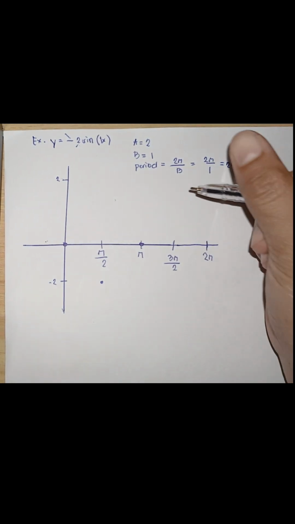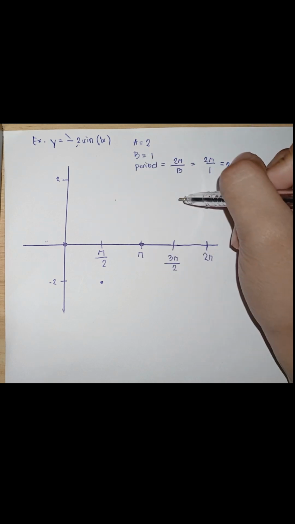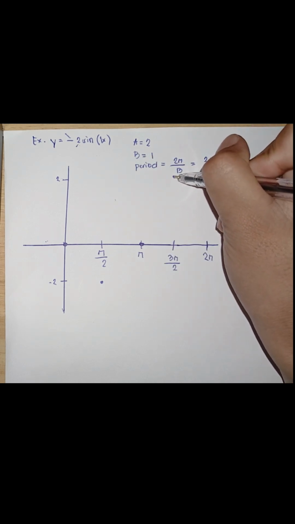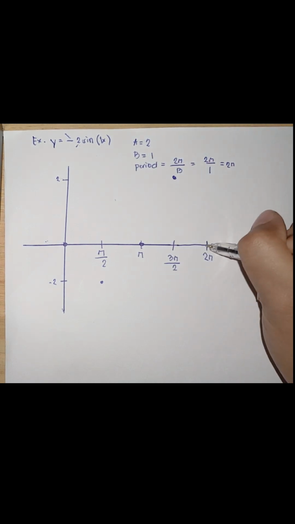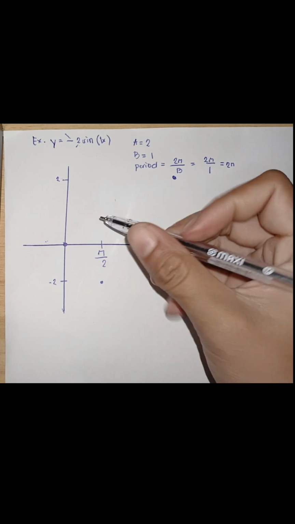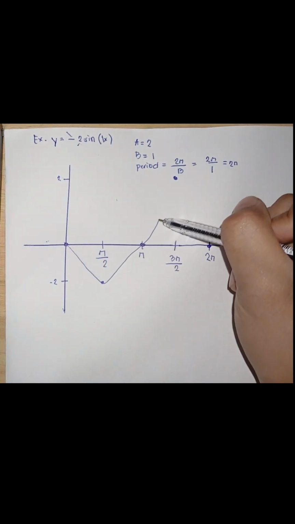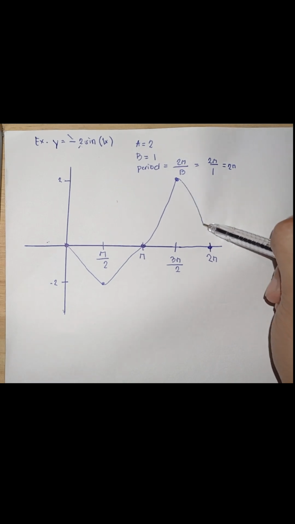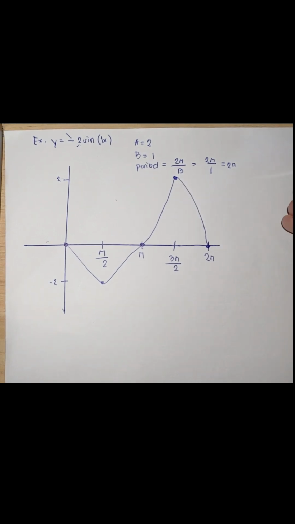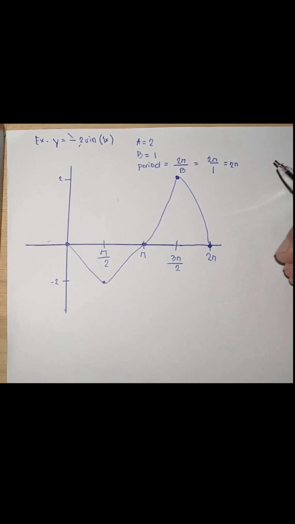So we go down here and up here, then down here. So this is the example of the graph y equals negative 2 sine x.